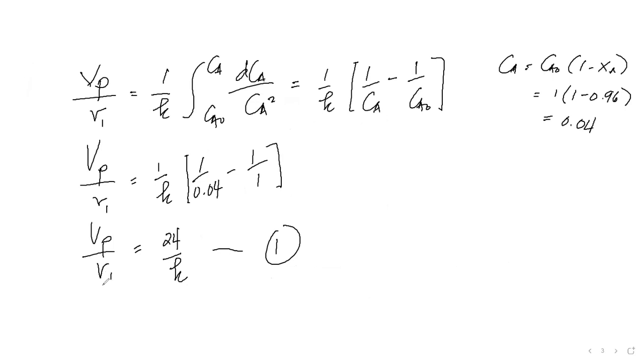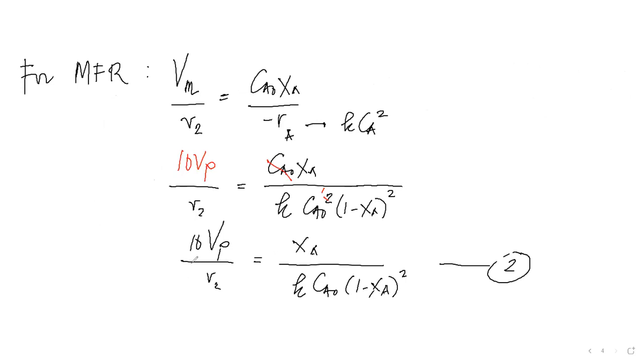So if you have only one reactor, then the volumetric flow rate that you will process would simply be V1. But if you have already a second reactor, then you will have another volume that you will add with V1. So this will tell you how much would be the corresponding increase in production if you already have the presence of the MFR hooked up in parallel with the PFR.